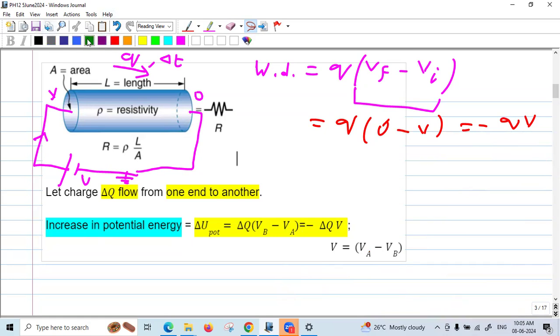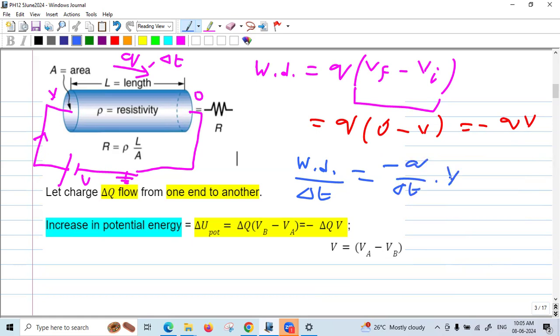So if we take the work done per unit time, okay, that is divided by the time it takes for this work to be done. That will be minus Q by delta t into V.